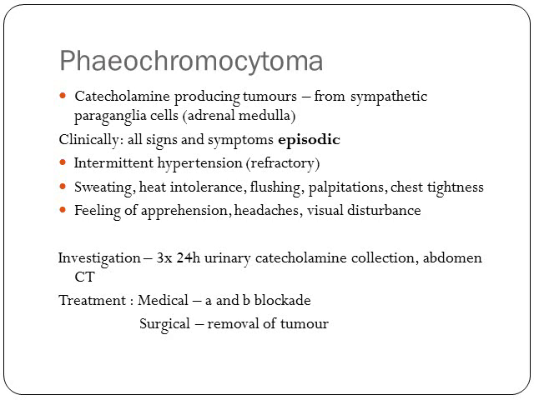So you get intermittent hypertension, but when the patient is hypertensive, it's very refractory, very resistant to any treatment. You get sweating, heat intolerance, flushing, palpitations, the classic fight or flight symptoms, and then a feeling of fear of impending doom, apprehension, headaches, and you can get visual disturbances.